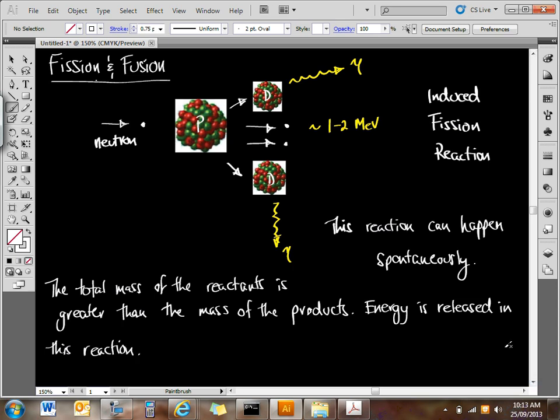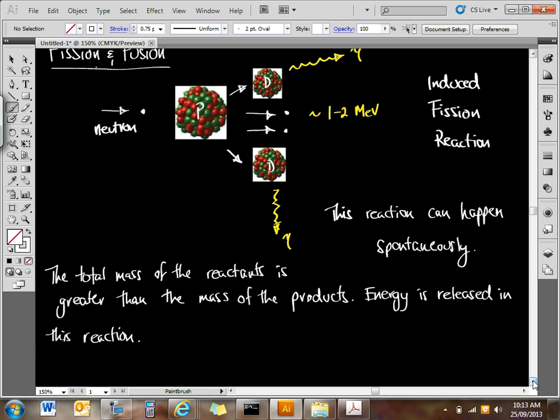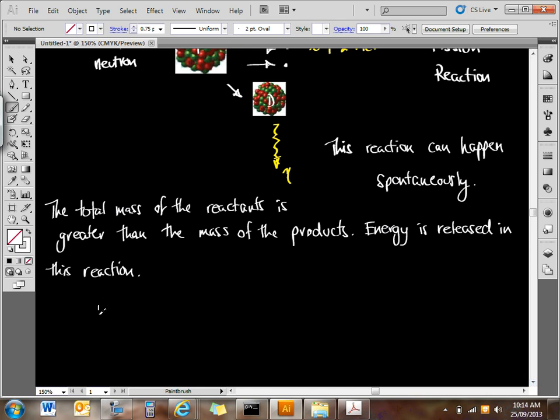That's good. Let's have a look at a possible nuclear reaction. Neutron, uranium-235. Arrow represents a fission reaction. Xenon. Strontium.